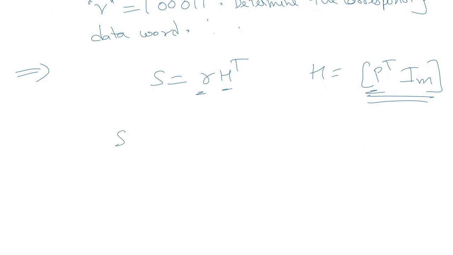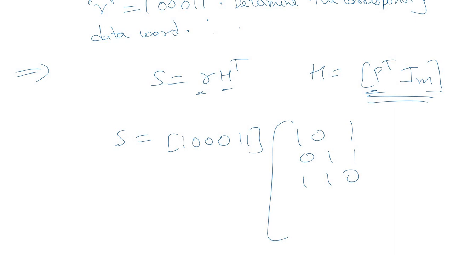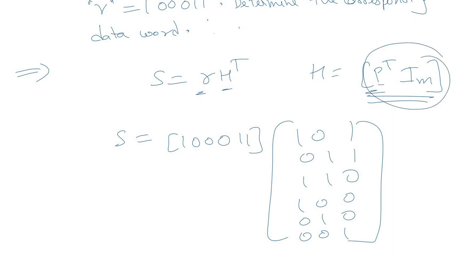So this syndrome vector S will be 100011 multiplied by H, which is 101 011 0. This is the H matrix that we've generated using this combination, and the value of P matrix is already known to us, and this is the identity matrix of order M cross M, where M is equal to N minus K. These are standard notations that we've been using since the starting of this unit.